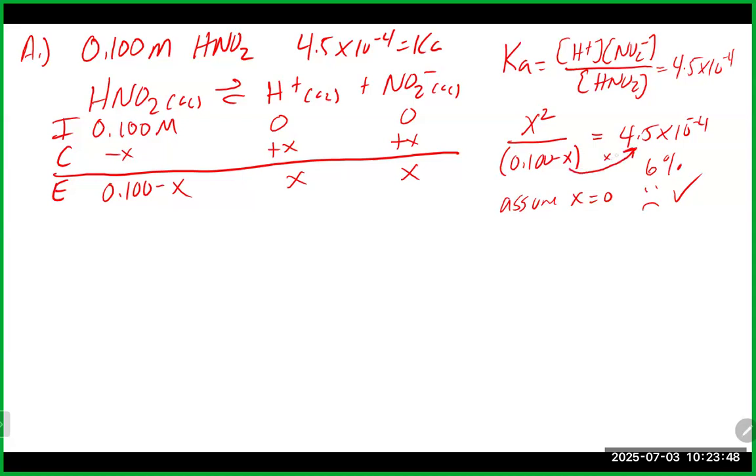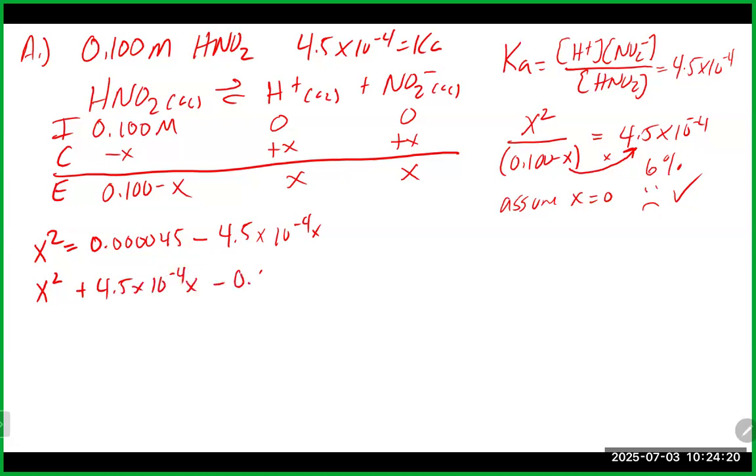So we do need to multiply that to the other side. If we do that, we will get x squared is equal to 4.5 times 10 to the -4 times 0.1, which is 0.000045, and that's going to be minus 4.5 times 10 to the -4 x, bringing everybody to the same side here. x squared plus 4.5 times 10 to the -4 x minus 0.000045 equals 0.